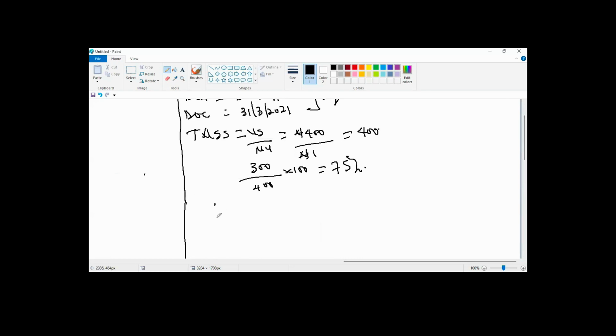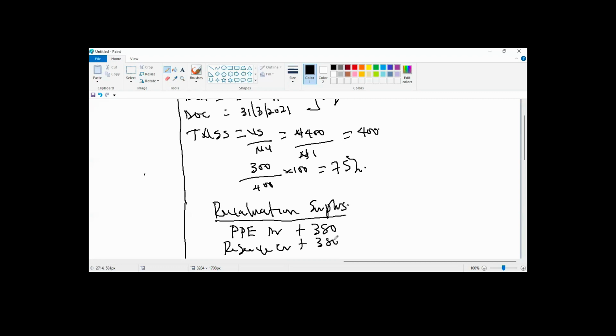So okay, revaluation surplus. When it is surplus, what do I do? PPE debit 380, the reserve credit.